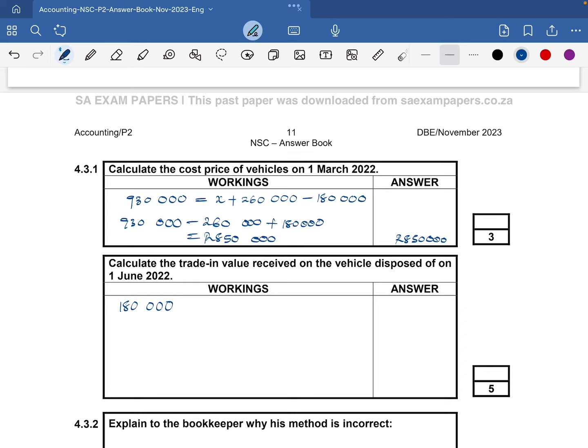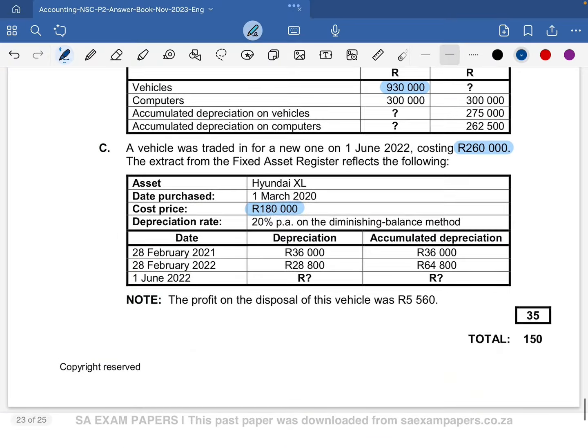But before the trade-in value, we're going to determine the carrying amount. We are basically calculating the selling price. So it's 180,000. Now with the 180,000, we are going to look at the accumulated depreciation.